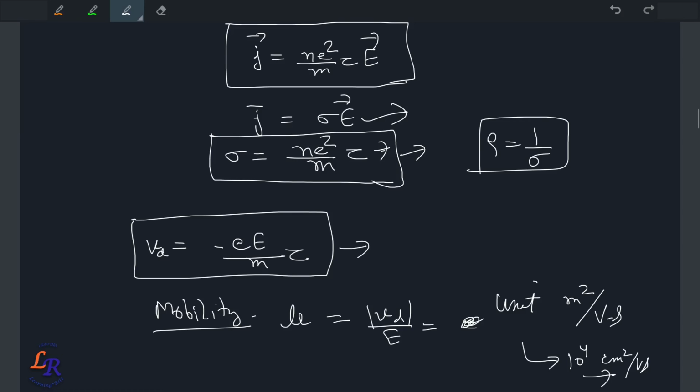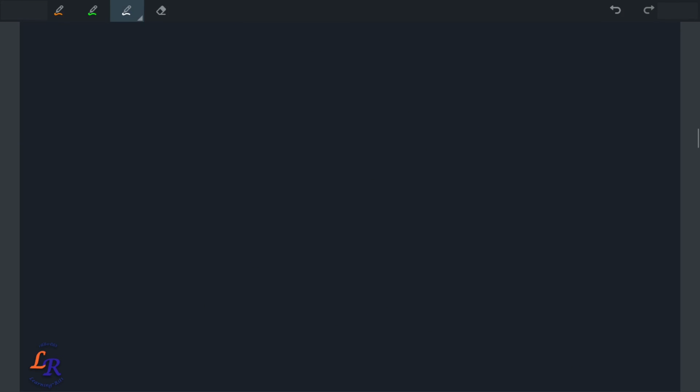So the final expression of mobility can be written as Vd upon E, which is eE tau upon m upon E, so you get e tau by m, right? So the mobility depends upon the charge, relaxation time, and mass, where tau is the average time between two collisions.